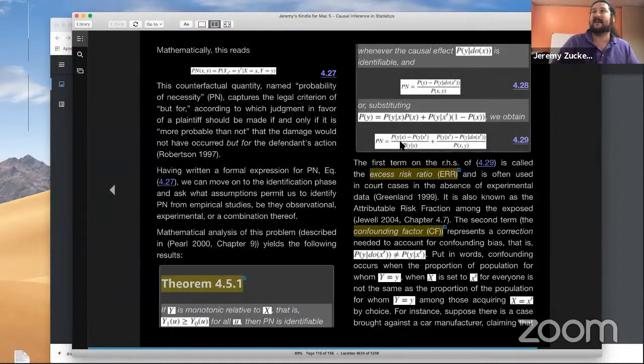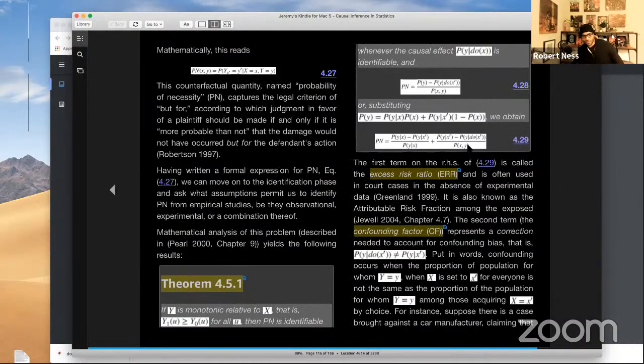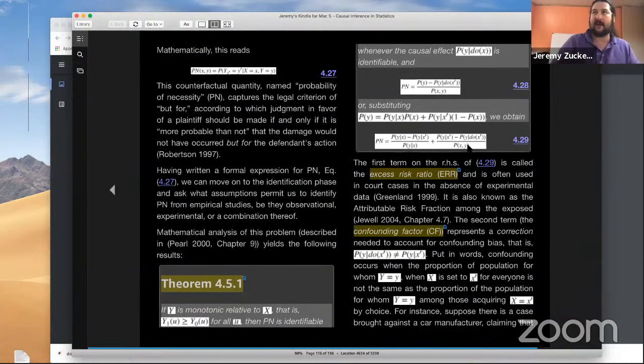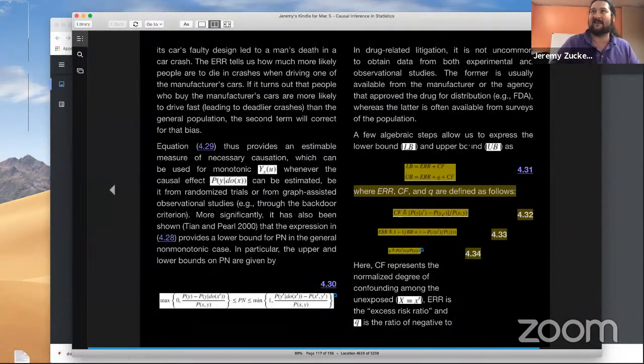So this is the excess risk ratio and this is the correction factor. I listened to your talk, and I think you might be right that there's definitely at least one typo in the paper. He refers to P2 twice, but he means P1 in one of those cases.